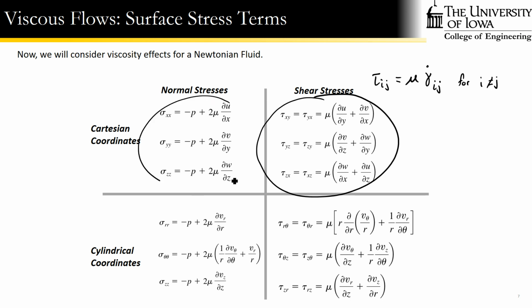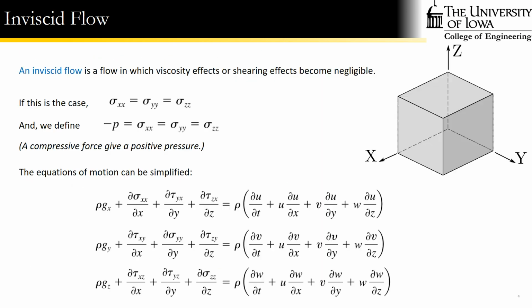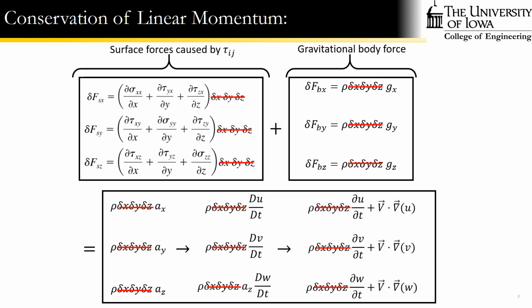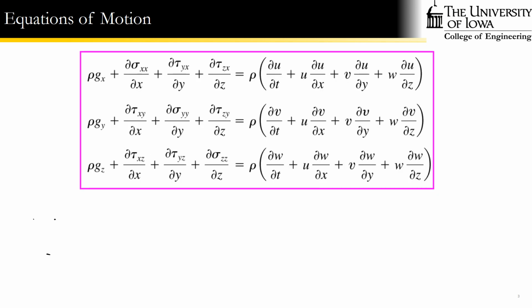And so now we've got expressions for sigma xx, sigma yy, sigma zz, and we've got expressions for all of the taus that go into our stress tensor. In other words, we have something to plug into every single one of the terms on the left-hand side that comes back to the velocity of the fluid.